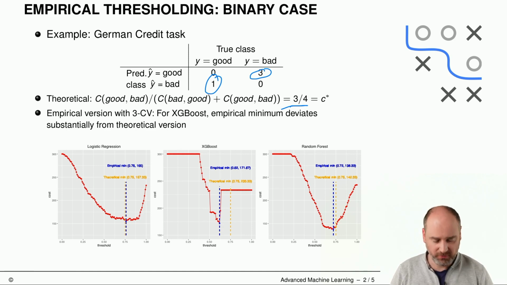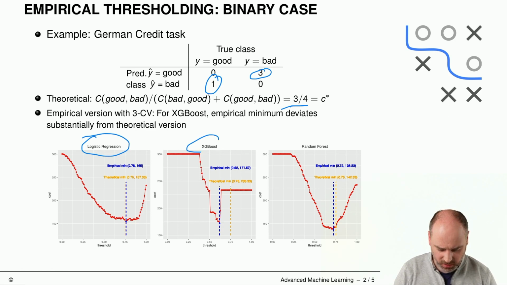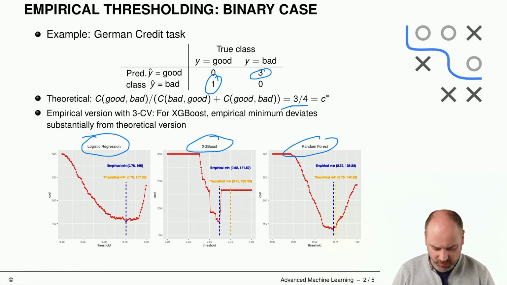So I've done this here for 3 different algorithms. So for logistic regression, for gradient boosting, and for random forest. And then what we have plotted here below is this. So in red, you can see the curve that underlies this empirical thresholding procedure. In orange here, you can see the theoretical threshold. And where this lies, of course, the theoretical threshold is always 0.75 because this is what we computed here from this formula.